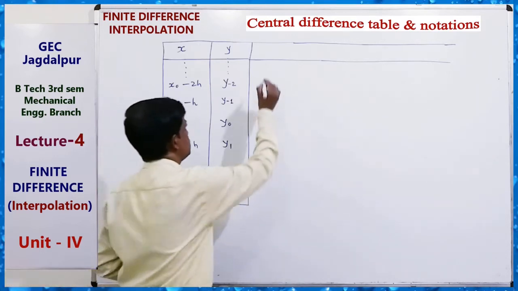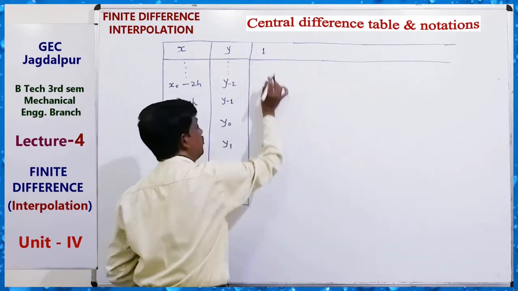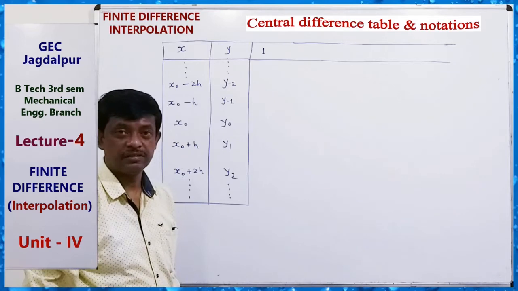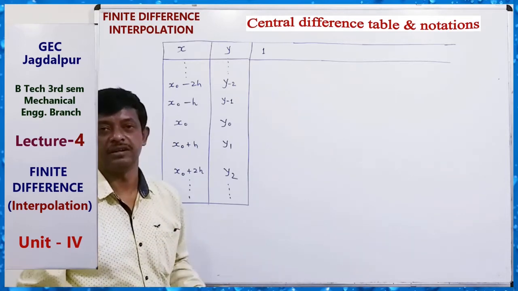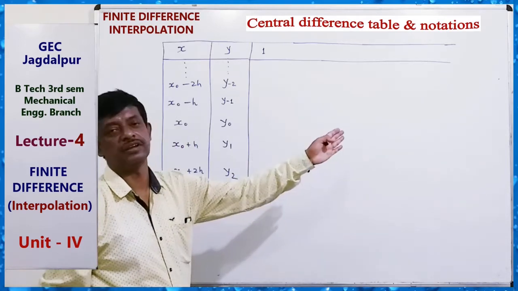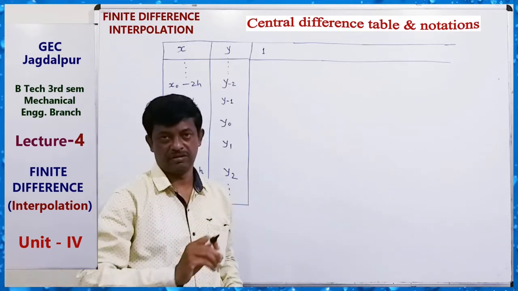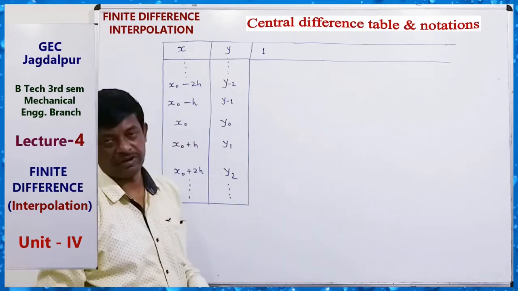The first difference, because the method of finding differences is the same for forward, backward, and central, for table creation, but the notation and suffixes are important.